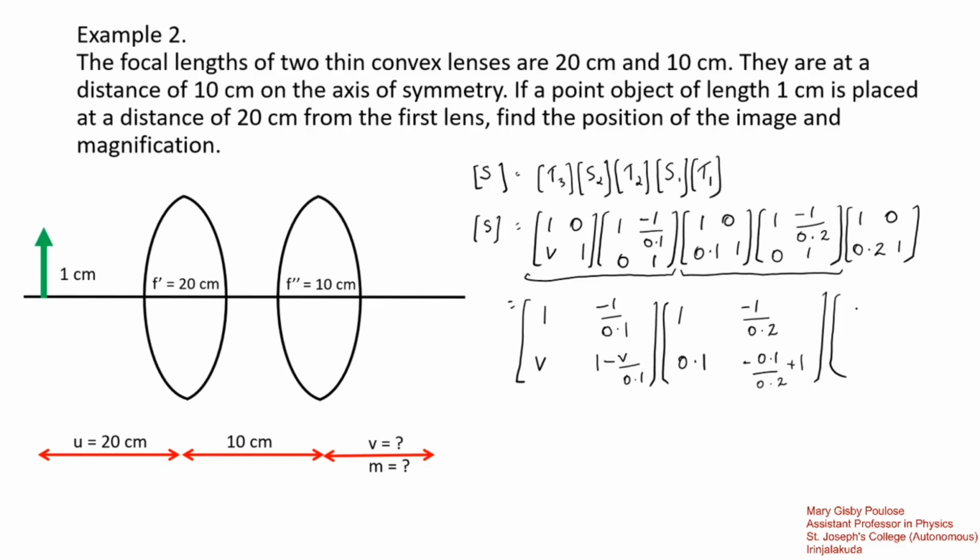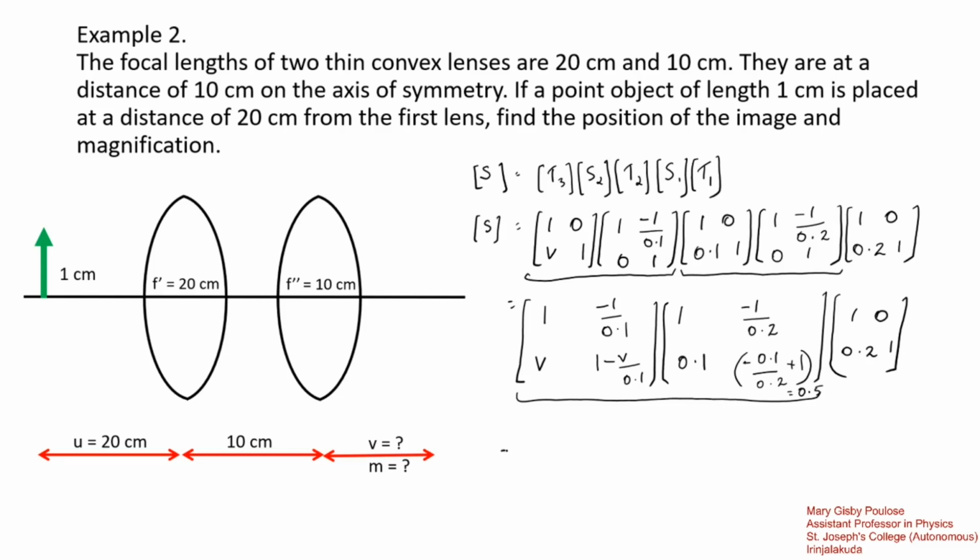The remaining term is 1, 0, 0.2, 1. Now taking the product of these two terms, this term is actually 0.1 by 0.2 gives 0.5. So 1 minus 0.5 is 0.5. Okay.